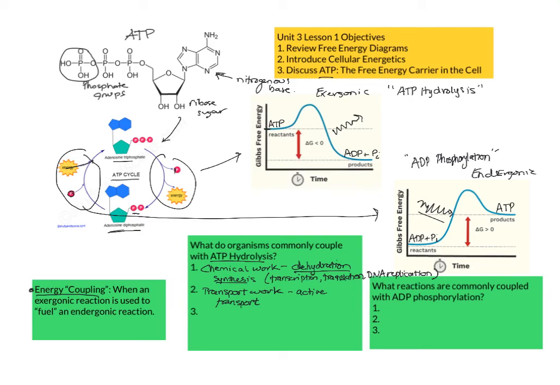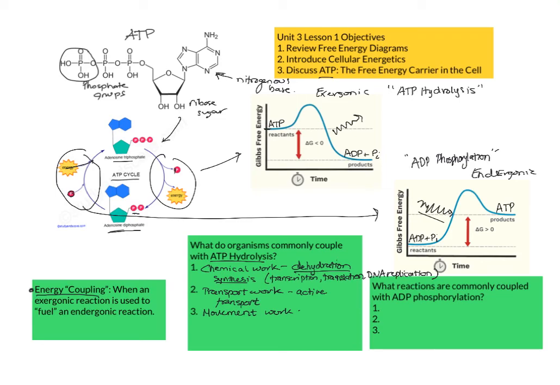The third type is movement work. There are cells that can physically move using structures called cilia.